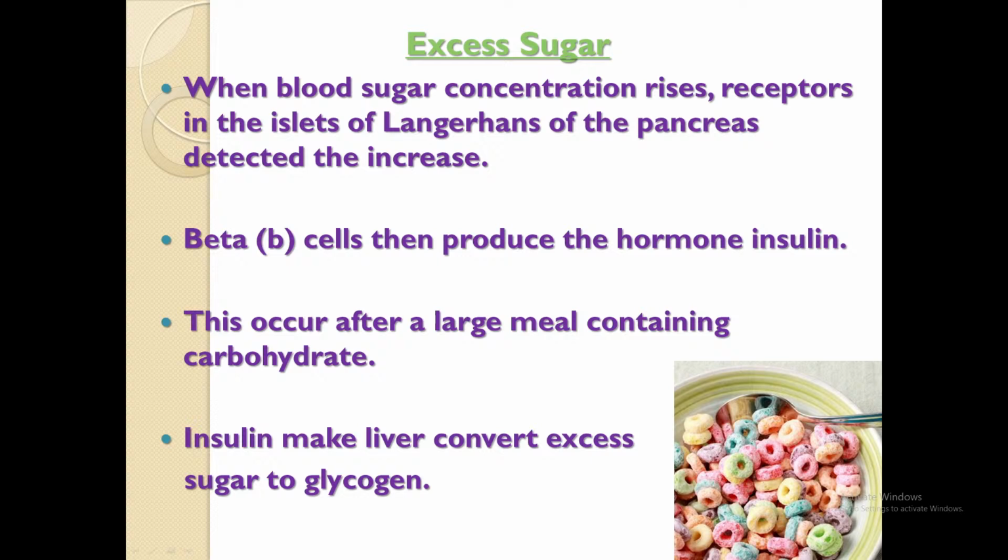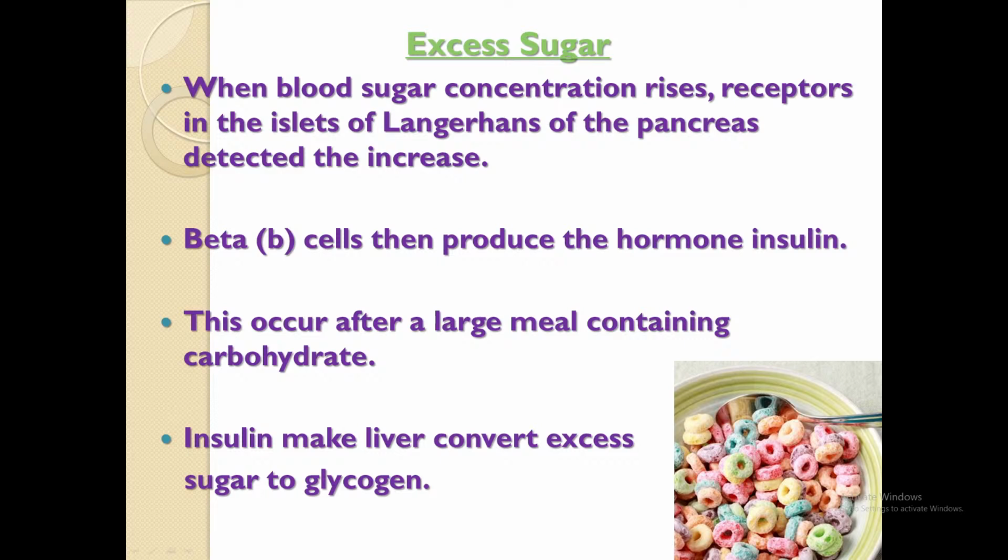So when blood sugar concentration rises, they are saying that when there is too much in the blood, receptors in the islets of Langerhans of the pancreas detect the increase. Basically, when there is a lot of sugar, the pancreas will detect and realize that there is an increase in the amount of sugar.